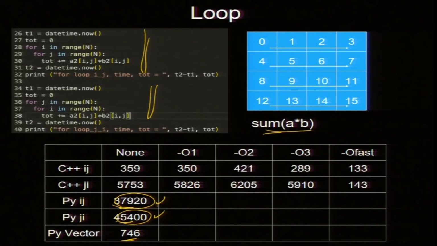So, we get roughly the same timing for 2D and 1D. And we will worry about C, but you can see the C numbers are not too far away from vector operation. So, Python tends to have reasonable speed compared to C++.